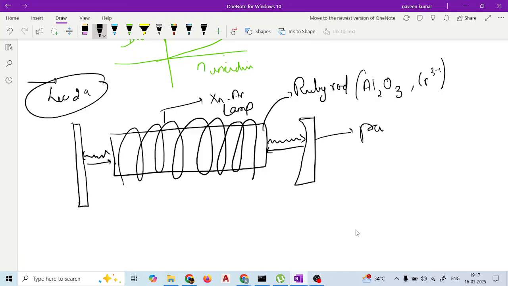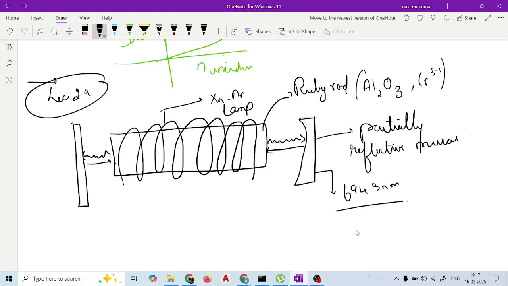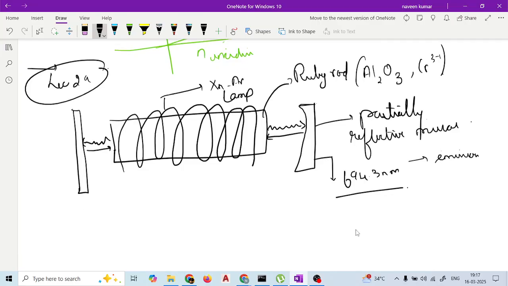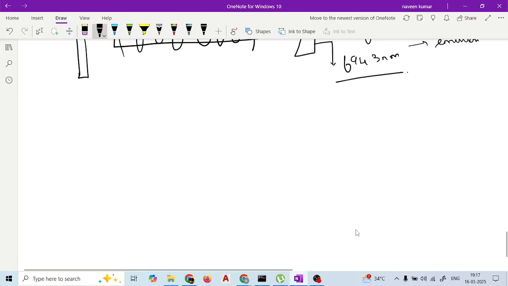The emission is 694.3 nanometer. So emission, as I said, it's an emission.